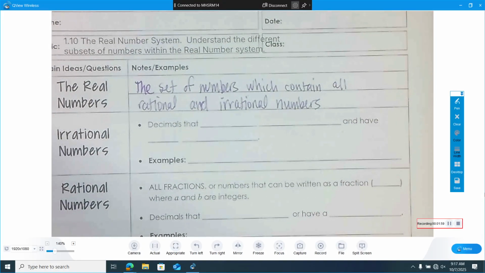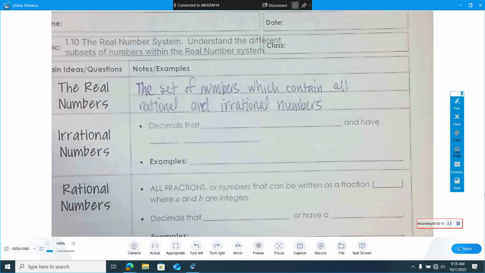So we have a bunch of numbers, and you guys have been playing around with all the different kinds of numbers in this whole unit. So we've been building upon our number set. And so the real numbers are basically broken down into rational numbers and irrational numbers.